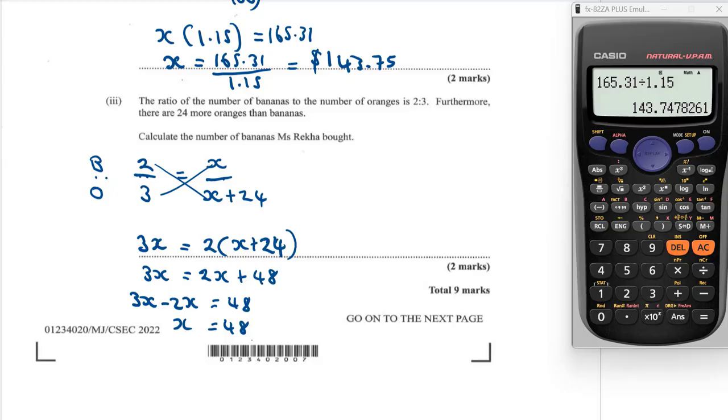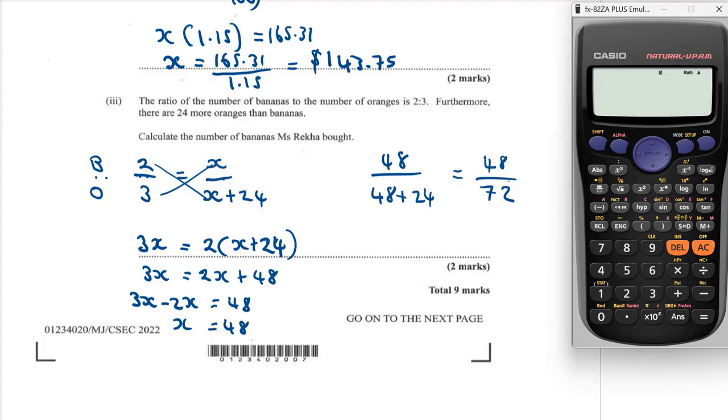You can also check this to see if the ratio is actually the same. So for instance, what is 48 divided by 48 plus 24? So this is going to give me 48 divided by 72. Enter this in our calculator. 48 over 72. 3 over 2.